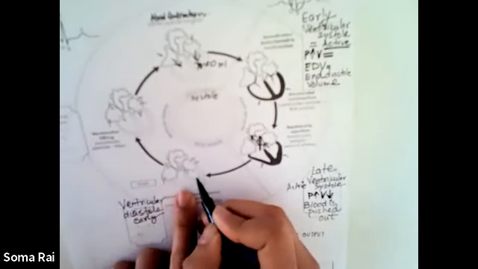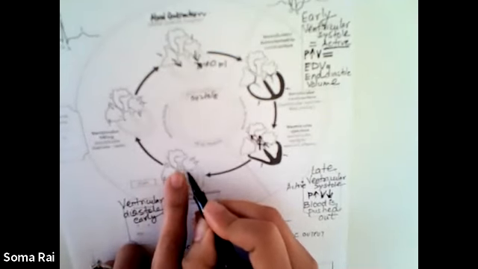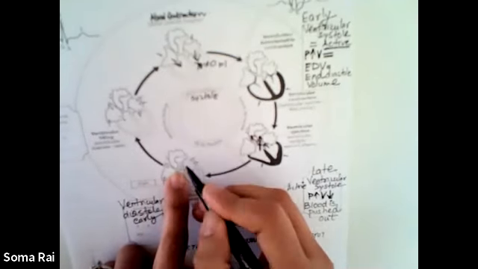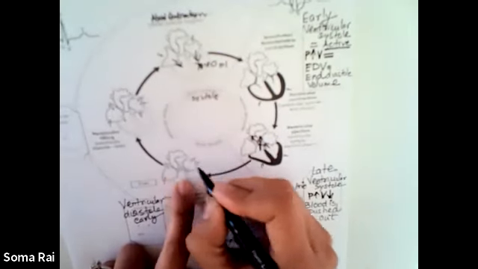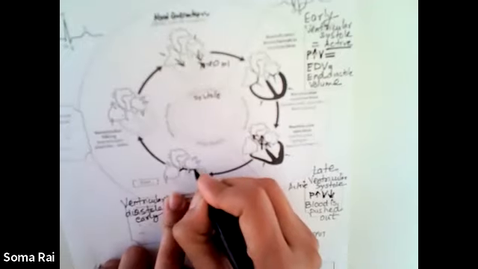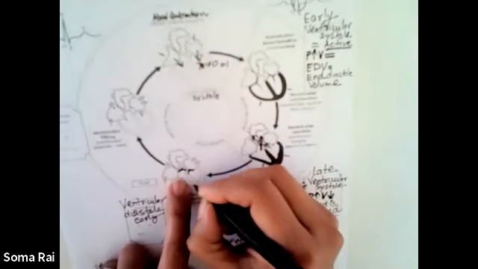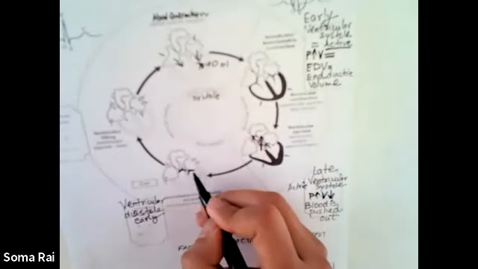You can see that these valves that were pushing out to the pulmonary trunk and the aorta have shut down. They are closed. That's the first thing that happens, so that the blood cannot come back in.